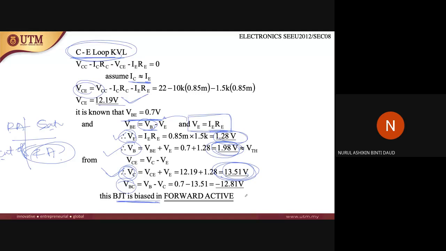So this BJT can be applied as an amplifier. But once the BJT is biased in the saturation or cut-off region, it can be applied as a logic switch.